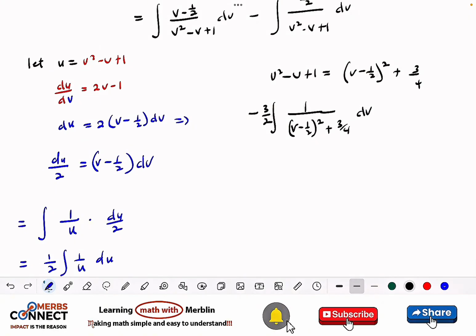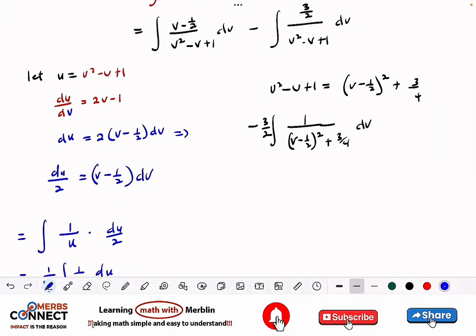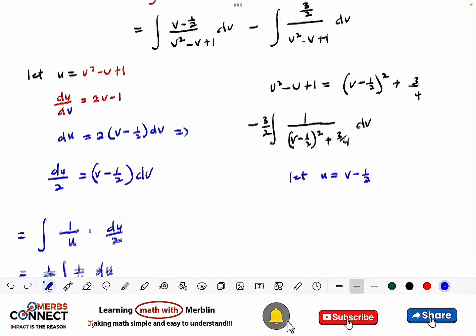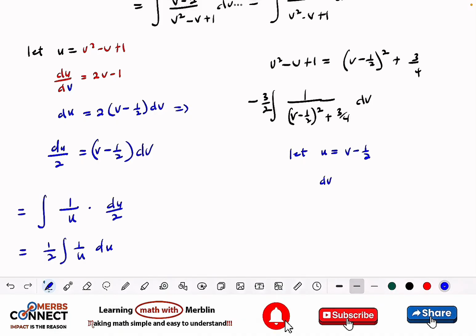So I'm using the idea of getting something called tan inverse, right? So what I'm going to do is let u be equal to v minus 1 over 2. Right, good. So now this implies that du over dv is 1, so du is the same as dv.